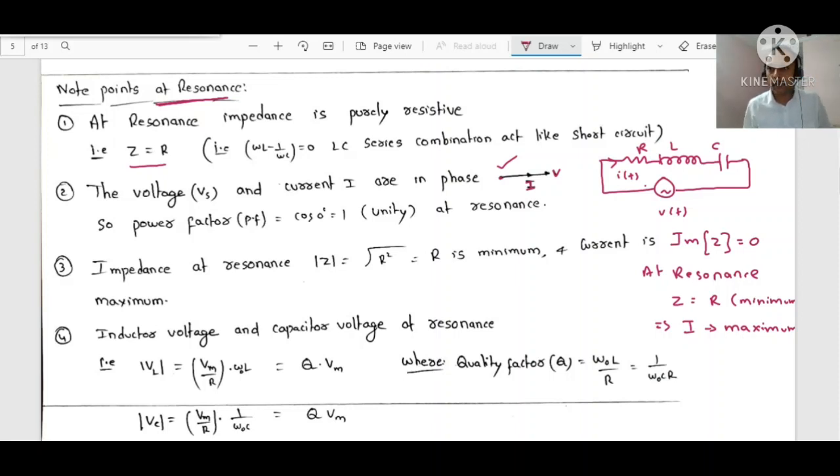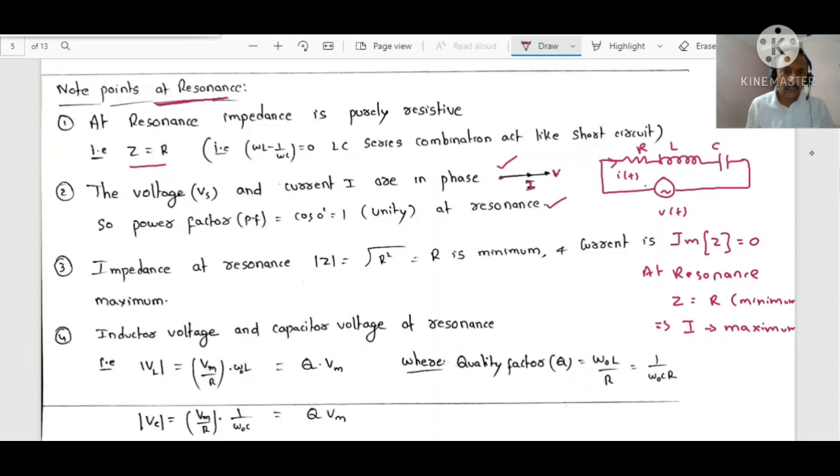The moment we say both are in phase, from the previous basics, what will be the power factor? Cos 0 equals 1, unity. So very, very important: the power factor at resonance is equal to unity, because voltage and current are both in phase. Cos 0 is 1. So this is one more important point.